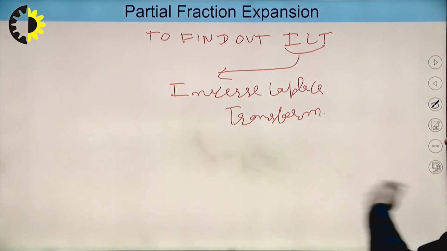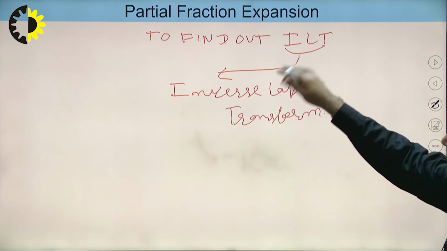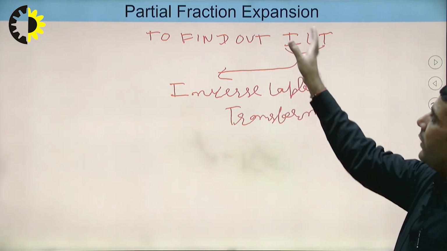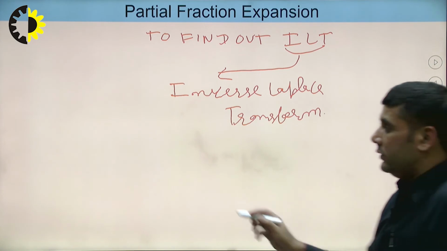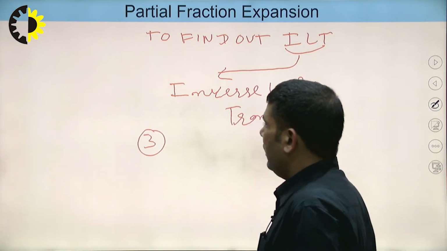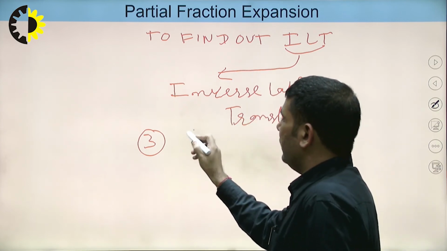We will see the inverse Laplace transform in a coming video lecture. At present my motive is to make you aware of partial fraction expansion. Basically there are three cases for the partial fraction expansion. First one is when the roots are simple.